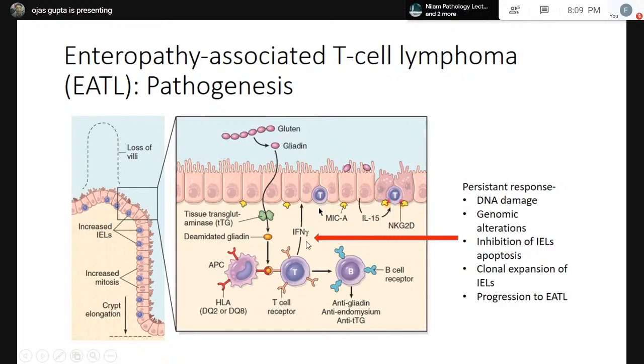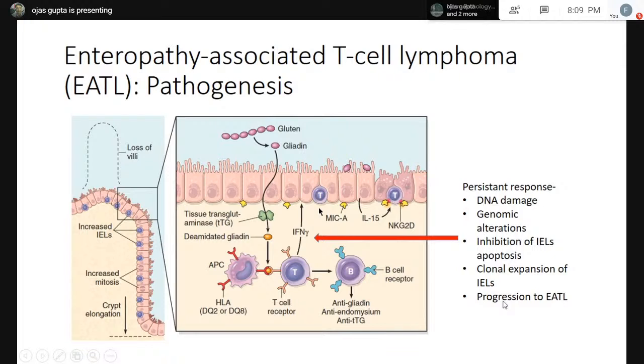Now, this interferon gamma and other cytokines will cause further destruction of the enterocytes by the intraepithelial T lymphocytes. So, when this response is persistent or long-acting, it causes DNA damage, genomic alterations, inhibition of intraepithelial lymphocyte apoptosis, clonal expansion of these intraepithelial lymphocytes, and progression to enteropathy-associated T-cell lymphoma.